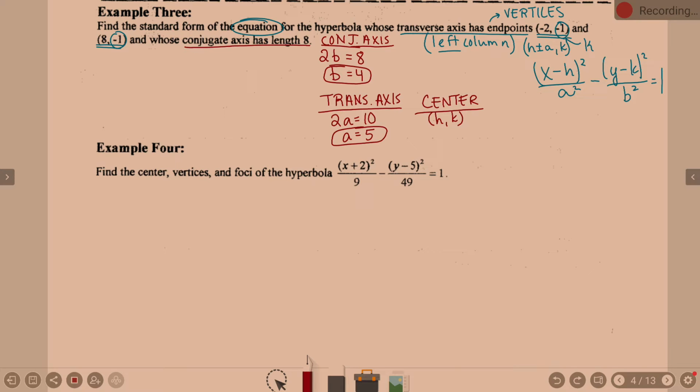So what's the middle point of (-2, -1) and (8, -1)? So what's the middle of -2 and 8? You're counting 5 either way, right? Either subtracting 3 or adding 3. And so we're going to have a 3 and a -1.